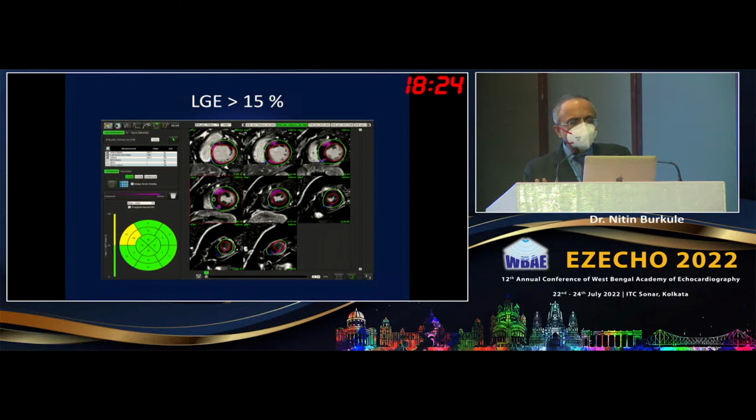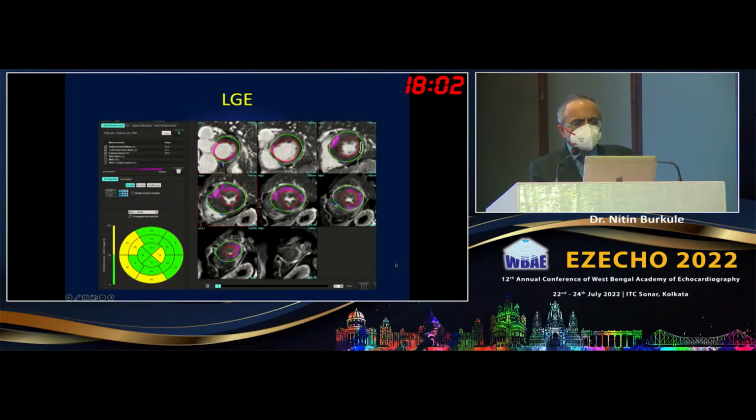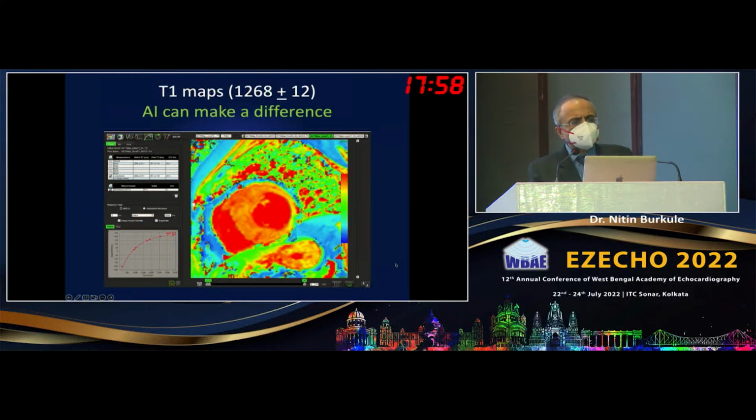So it's variable. And this particular number has come from very tertiary institutes where they have a selection bias of getting high risk patients. So in real life, in population based studies, we still should know this particular number and a standardization of measurement of the extent of LGE. So that is the kind of LGE quantification you can do.